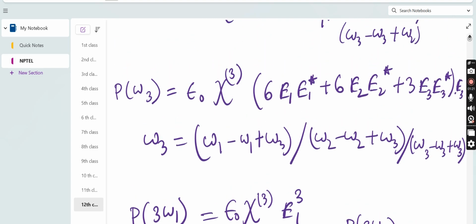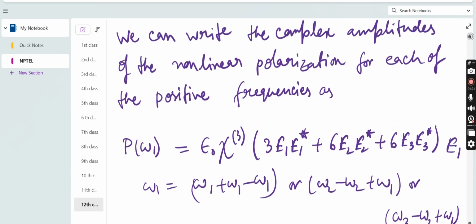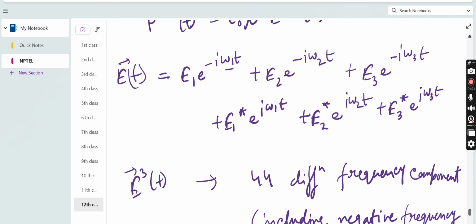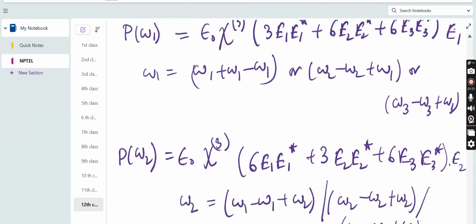So one thing here is that we don't need 3 frequencies to calculate this. You can work with omega 1 and omega 2 also.